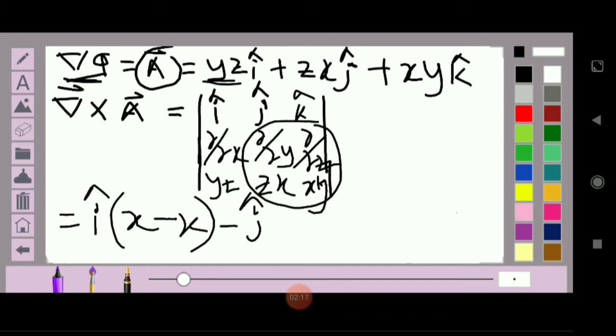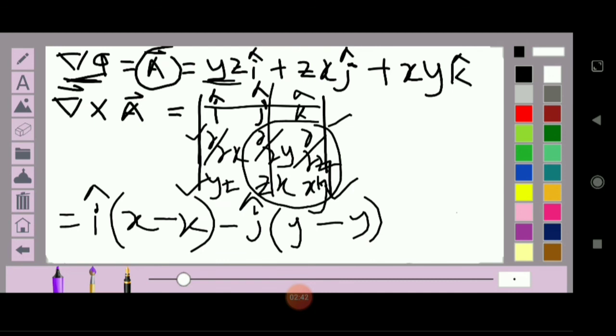By definition we have to take the middle component with a minus sign before it, and we have to exclude this row and this column. So we are having only this term, this term, this term, and this term. So del x of xy will give us y, minus del z of yz will give us y.